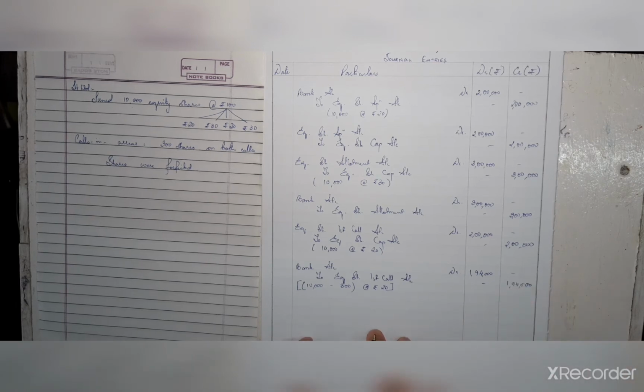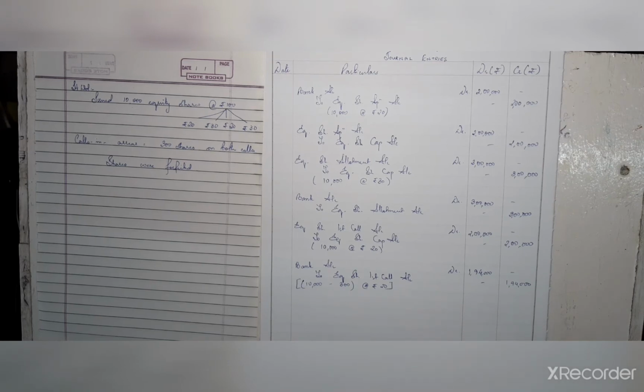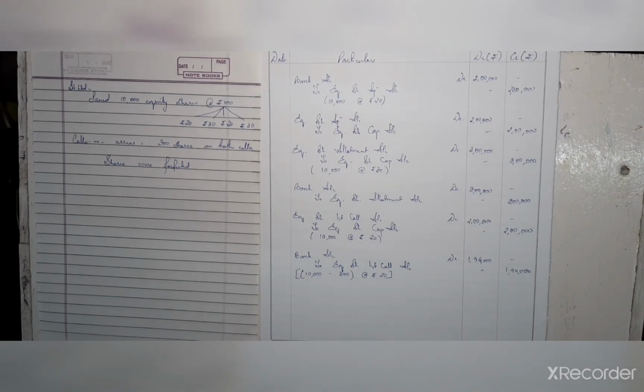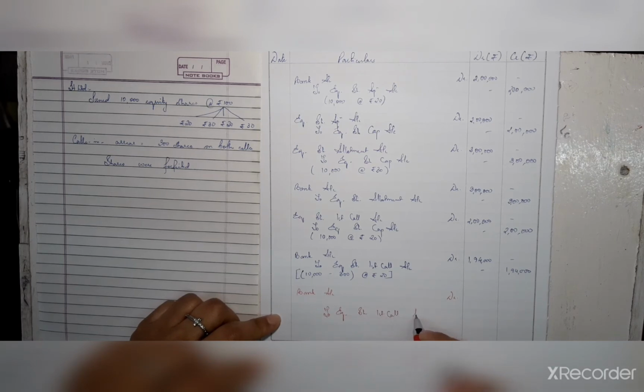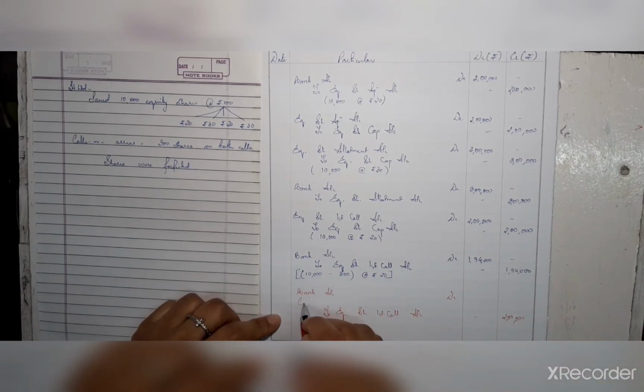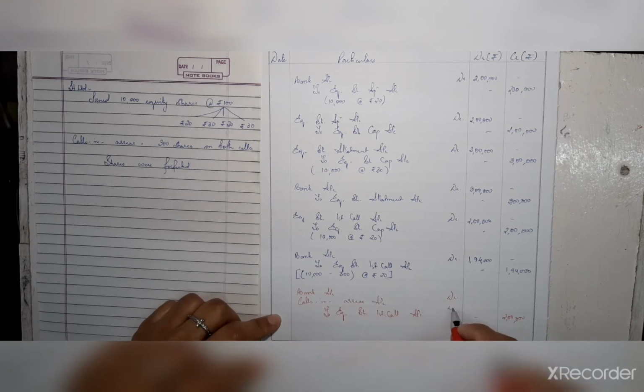Now you can create a calls in arrears account also if you want, or you can just write it simply like this. Just deduct the amount that you're not receiving. In case you are opening another account, which is your calls in arrears account, then you'll have this entry: bank account debited to equity share first call account, total amount rupees 2 lakhs, and then the calls in arrears account debited.